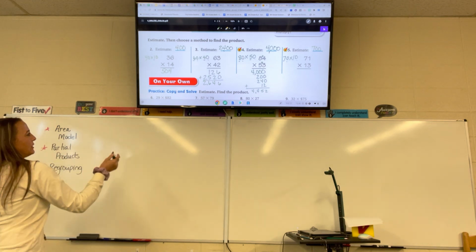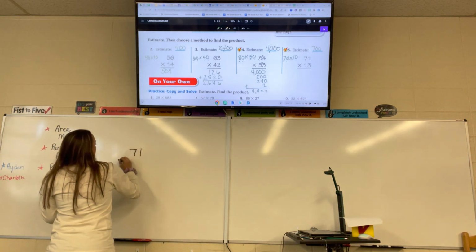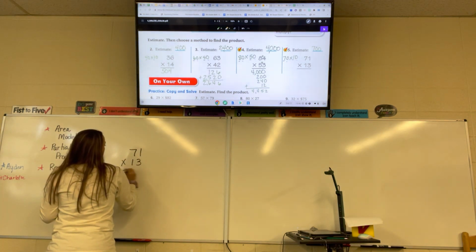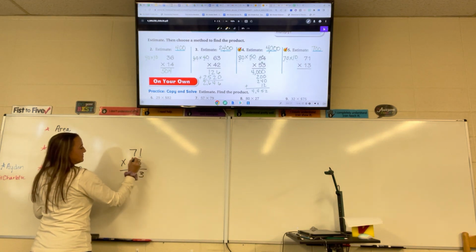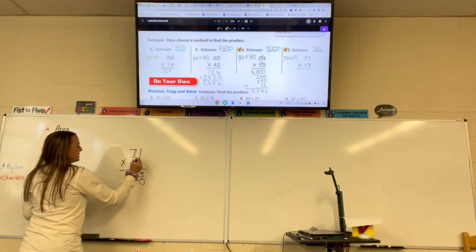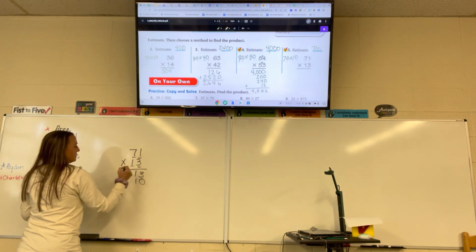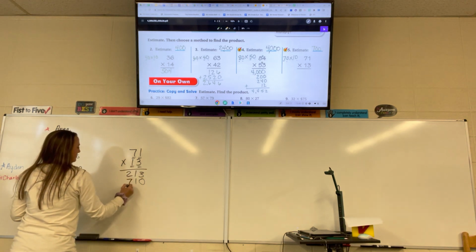And this one we'll do regrouping. 71 times 13. 3 times 1? 3 times 7, 21. 0 placeholder. 1 times 1? 1. 1 times 7, 7.